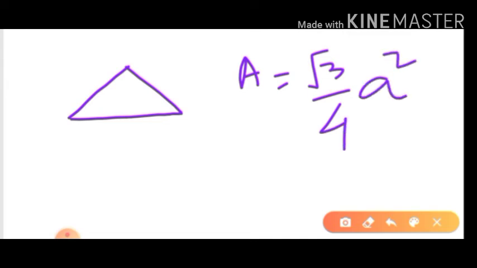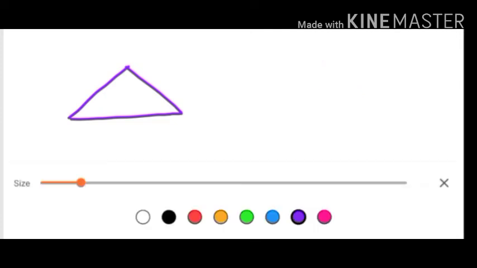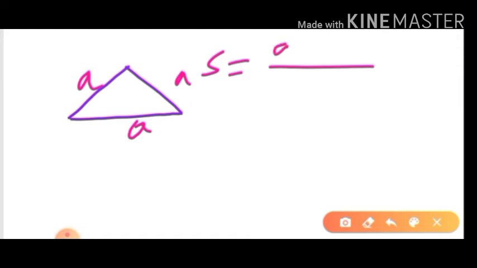How to derive it? See, an equilateral triangle has all sides equal, so take each side as small a. Then s will be a plus a plus a divided by 2, that means it will be 3a by 2.